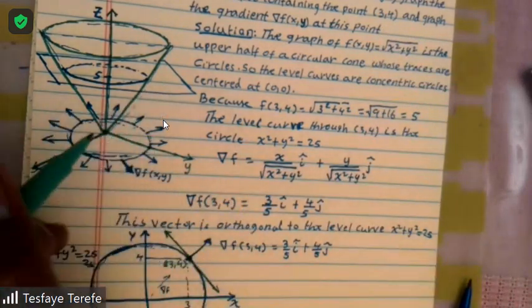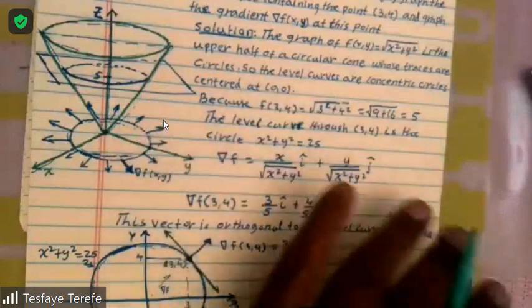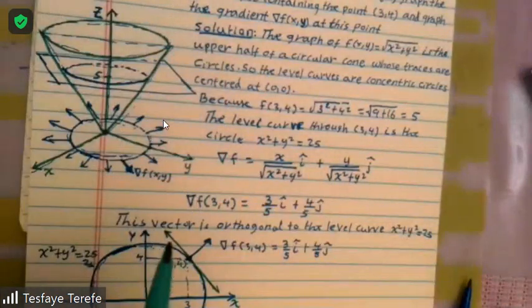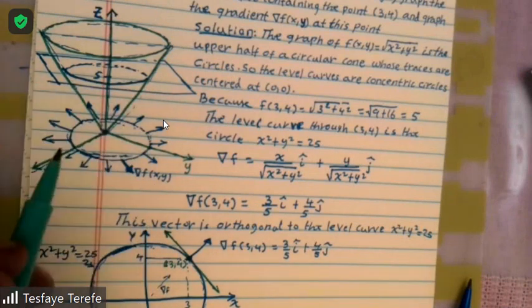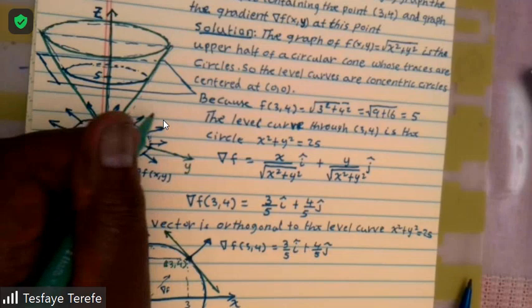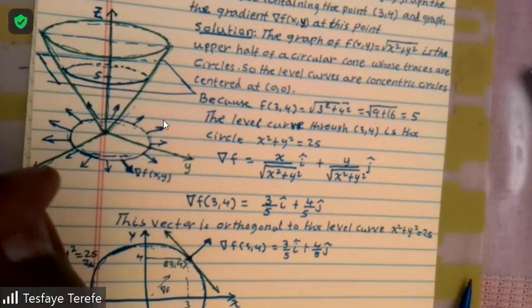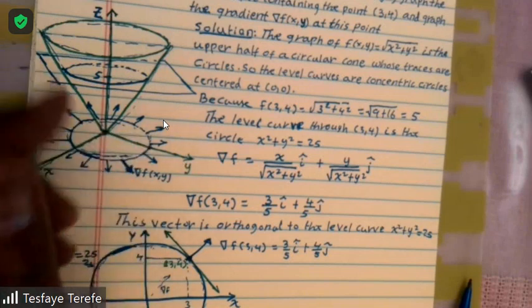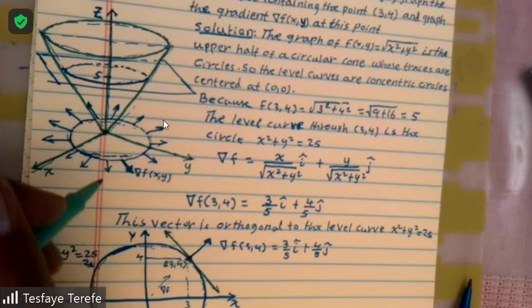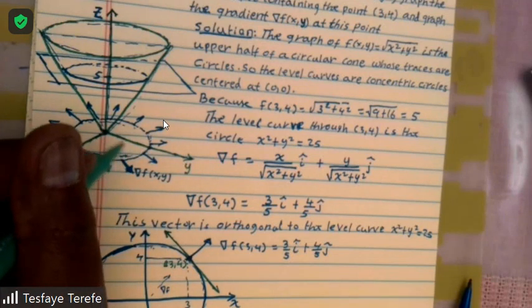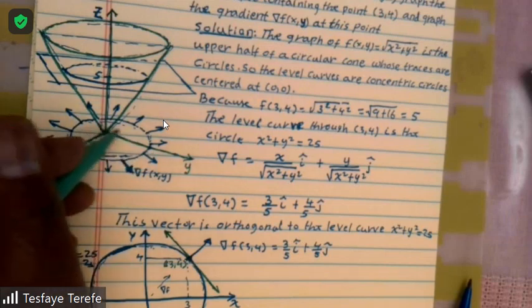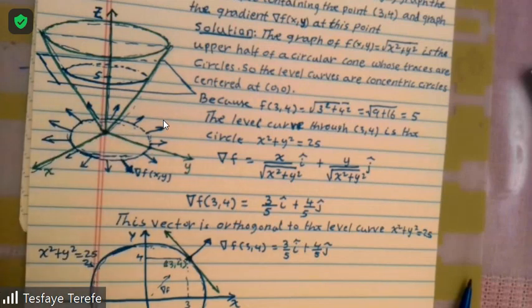So the plane z is equal to 5 intersect with the surface z is equal to square root of x squared plus y squared will give us this circle. And if you look at a different value, you are going to have a concentric circle of radius r centered at the origin 0, 0. And specifically for this, this is going to be the level curve.